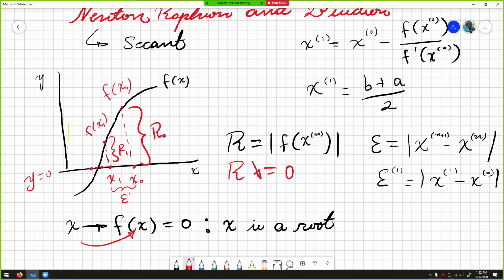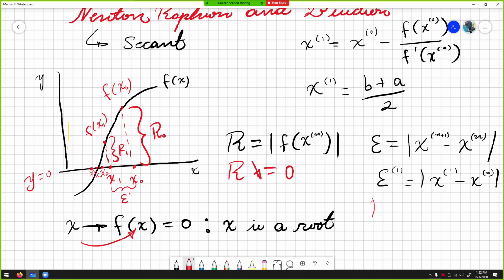Why? Because as I keep finding more and more solutions, let's assume this is x2, and this one over here is x3, and then x4, and then x5. As I keep iterating and approaching this root, the exact solution that I'm trying to find, the iterative convergence, the distance between my new x and my previous x, has to go smaller.